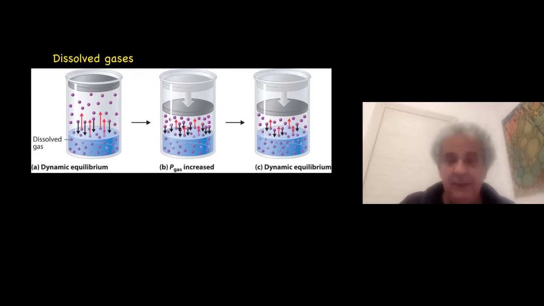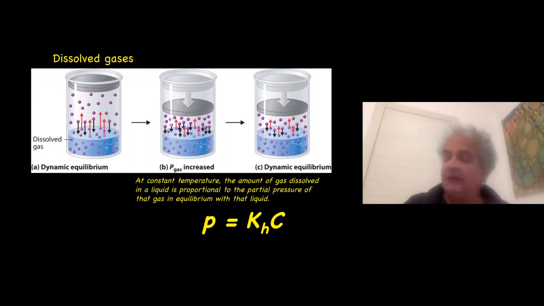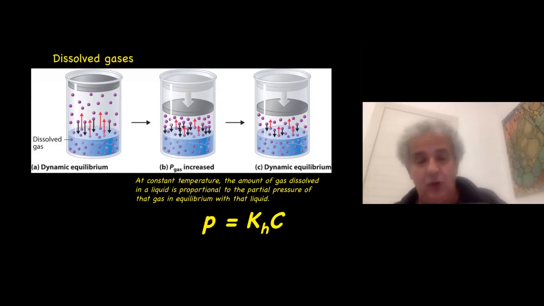And this is typical when you are dealing with thermal waters or with cold waters that have found a strong CO2 emission at depth. So it depends on the partial pressure, the amount of gas that you have inside. So at constant temperature, the amount of this gas dissolved in the liquid is proportional to the partial pressure of the gas in equilibrium with the liquid.